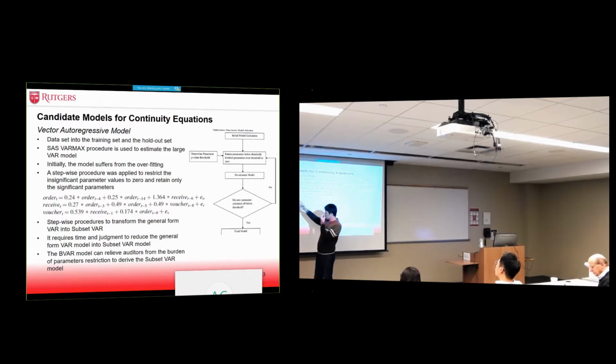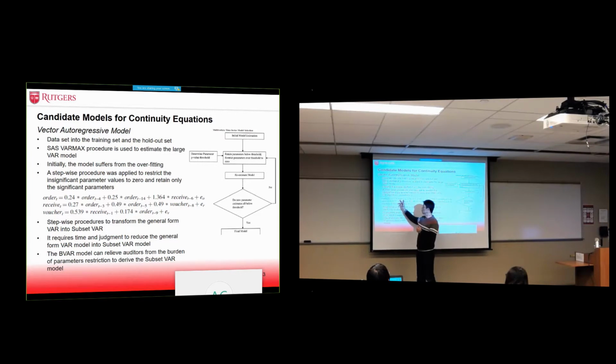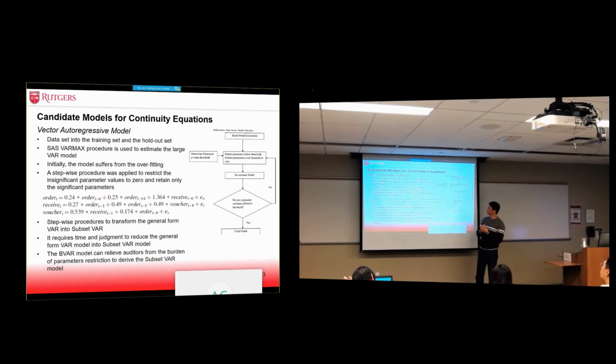So I think what they do is they were dependent on the order amount in dollars 4 periods earlier, and the order amount that was 14 periods earlier, and receiving amount at 6 periods earlier. I'm curious about how they do this, although they illustrated in that diagram. Actually, I'm just curious about their initial model estimation.